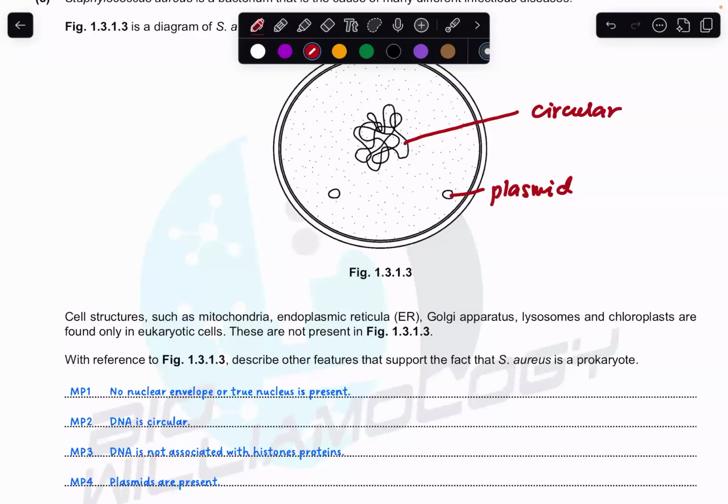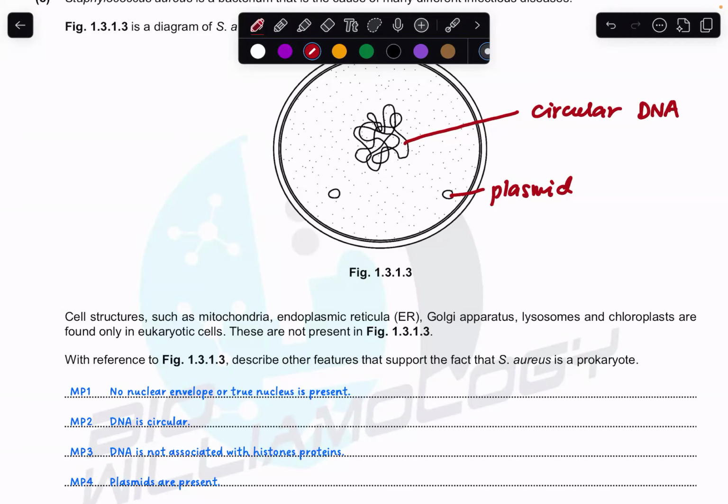Now, what's the difference between plasmid and circular DNA? The circular DNA will be longer in this case. A plasmid is an accessory. Not all bacterial cells will have plasmids, but a plasmid is something like an extra copy or extra DNA material.